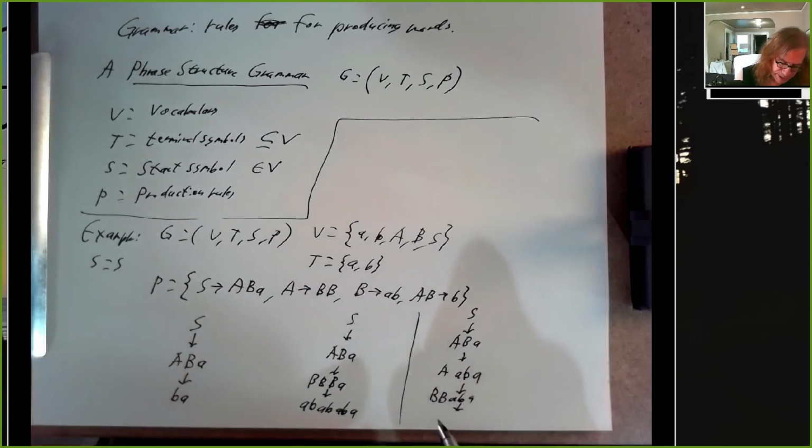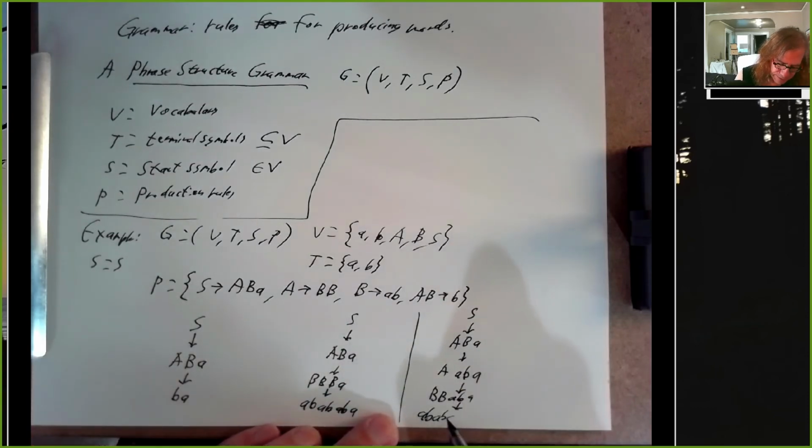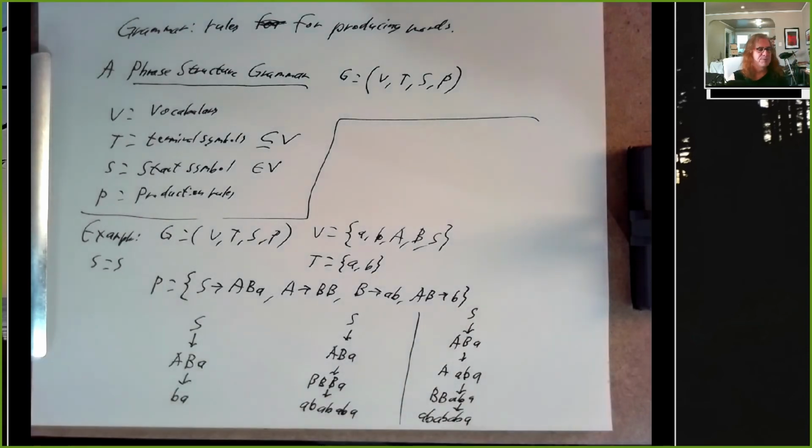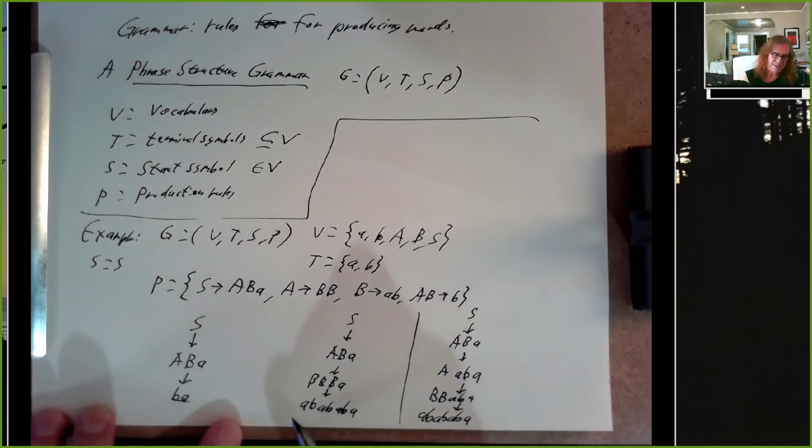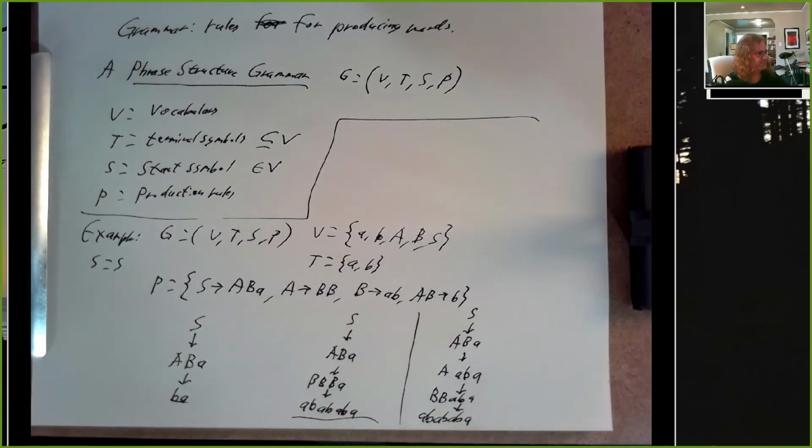And each of those B's can go to an A, B. And so I end up with the same A, B, A, B, A, B, A. So there's really only two words in this language, BA and Abba, Abba, Abba.